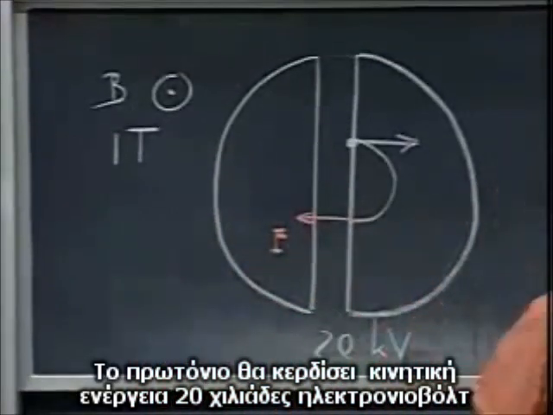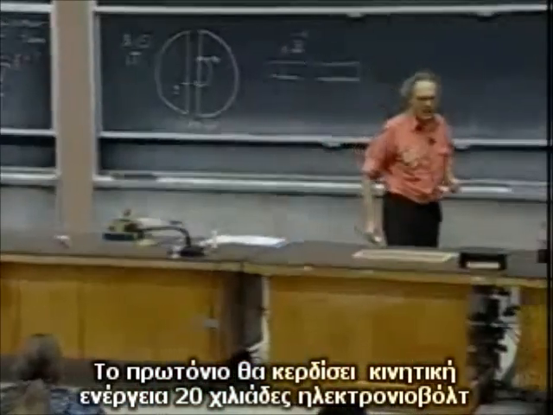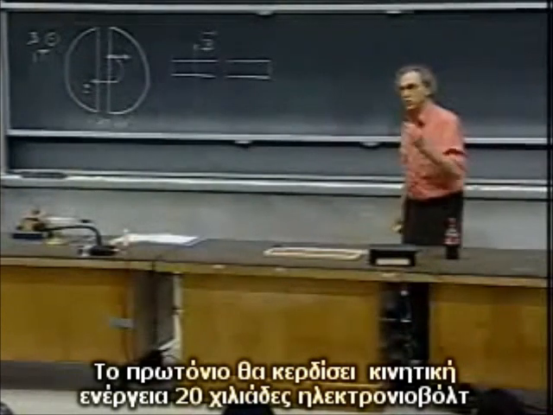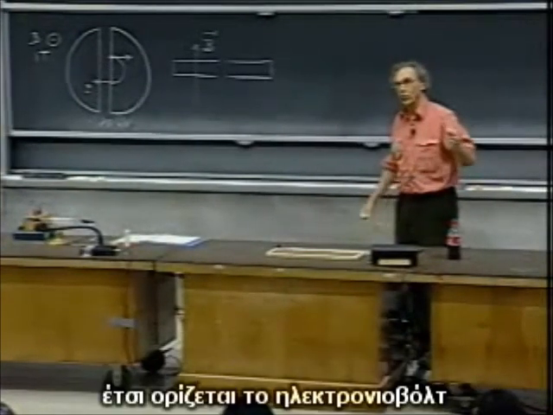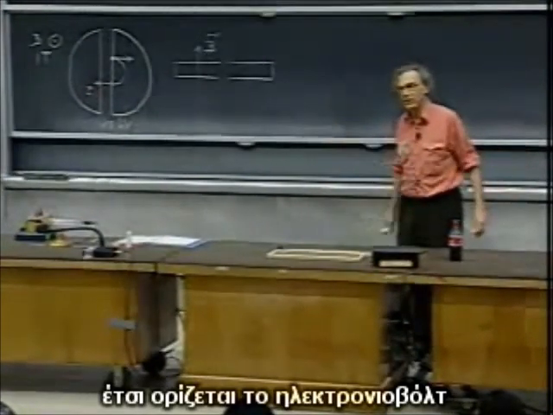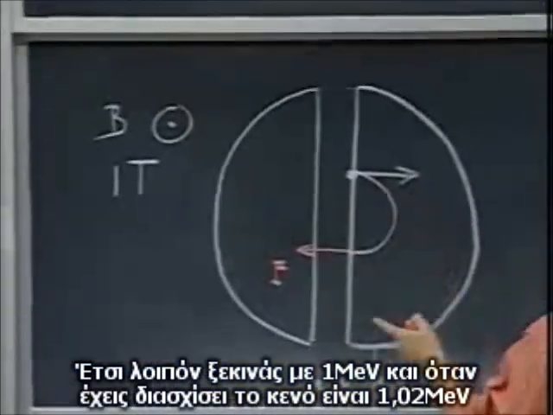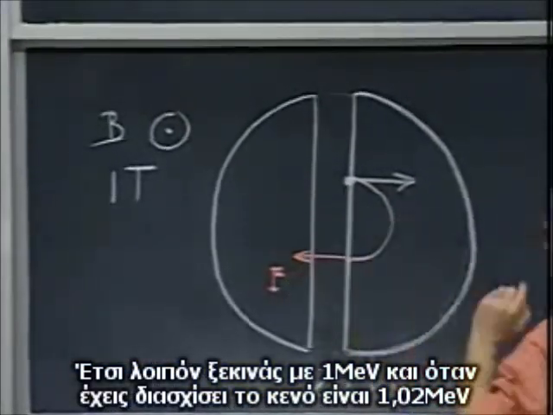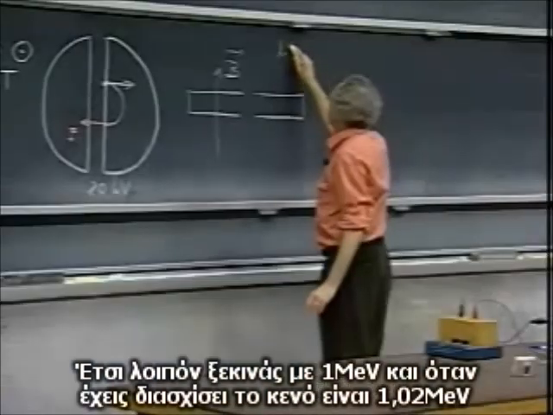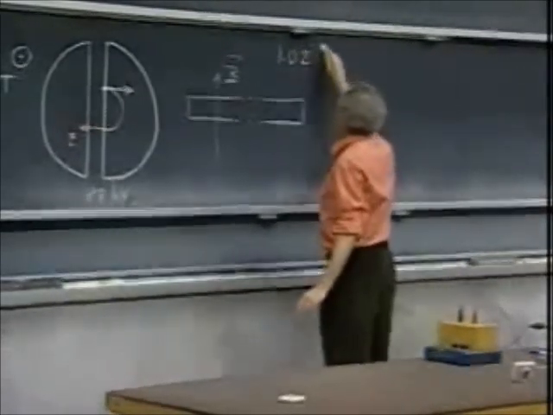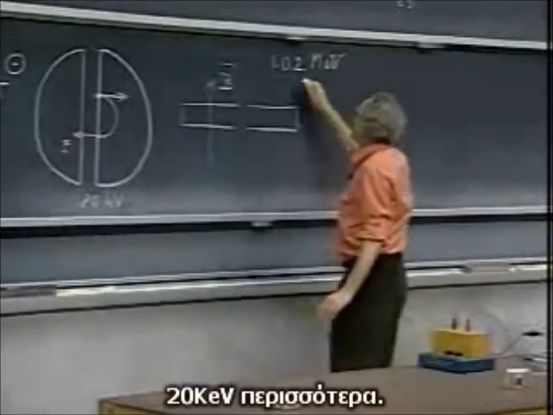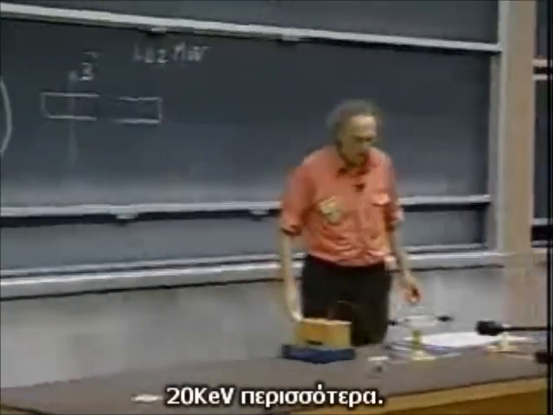Then this proton will gain kinetic energy of 20 kilo electron volts. That's the way electron volt is defined. And so you start off with 1 MeV, so when it has crossed this gap, it is now 1.02 MeV, 20 keV more.